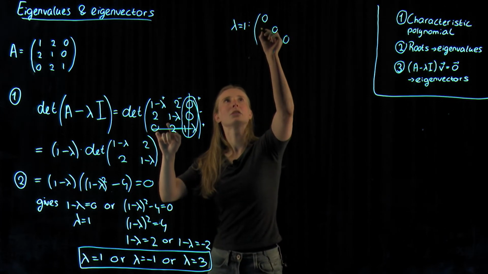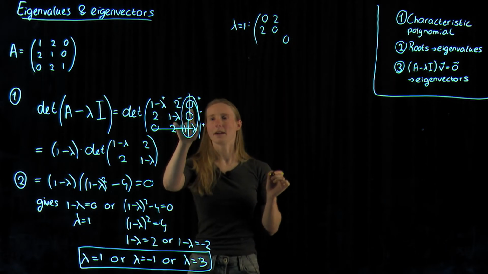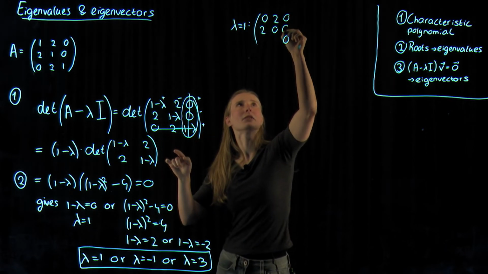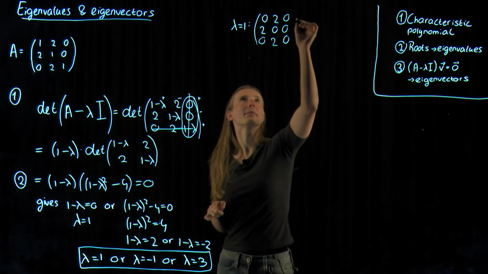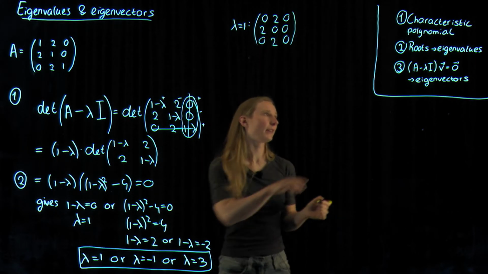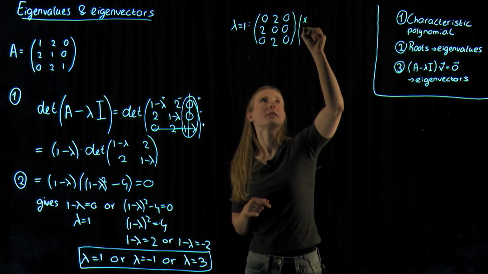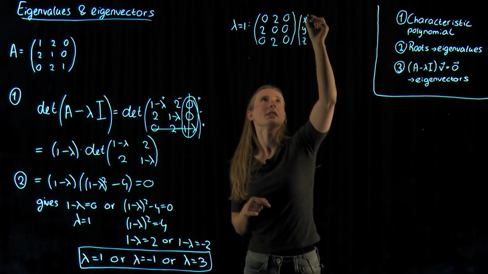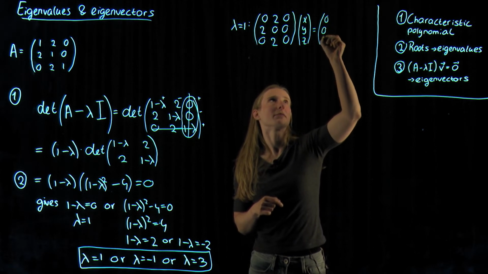And then we had a 2 here, a 2 here, zeros here, and a 0 and a 2 here. All right, then this times some vector v, so x, y, z, should be equal to the 0 vector.